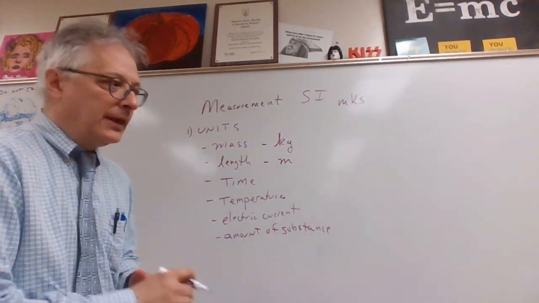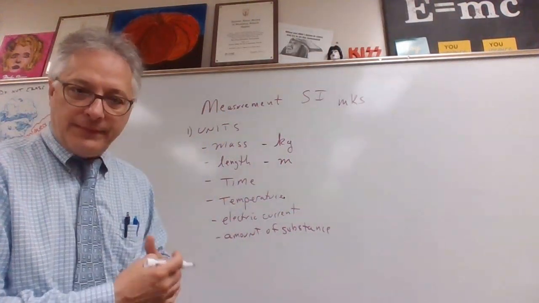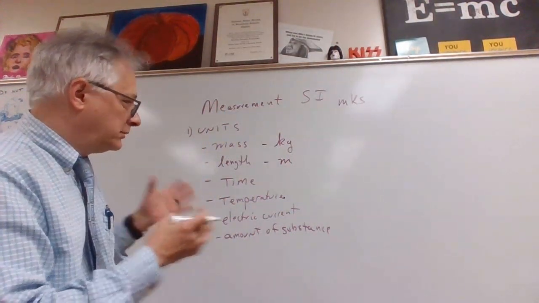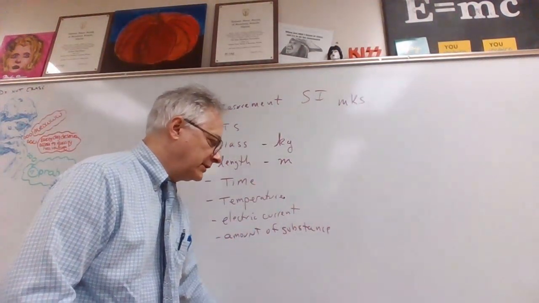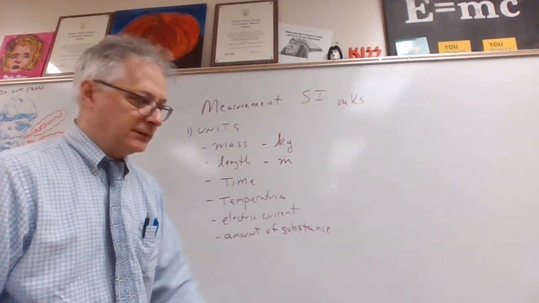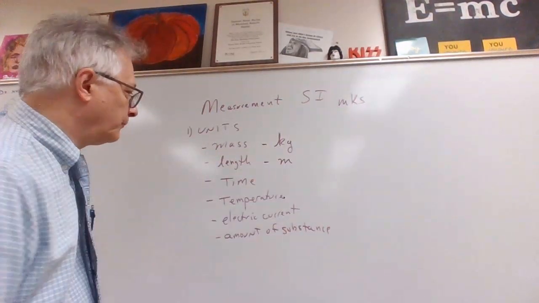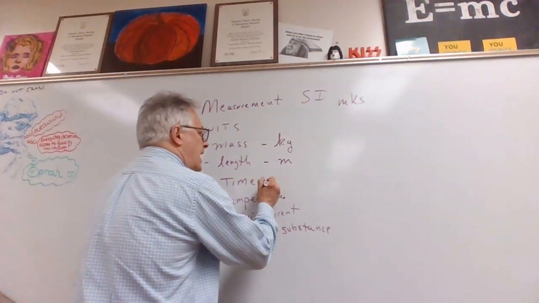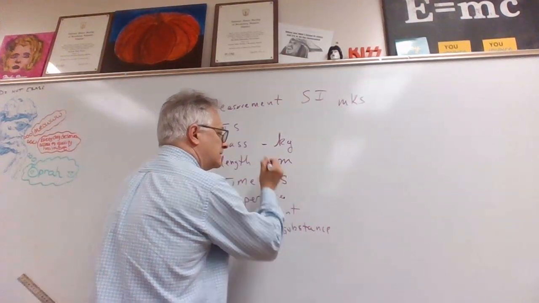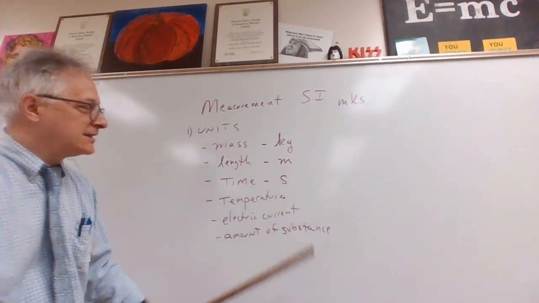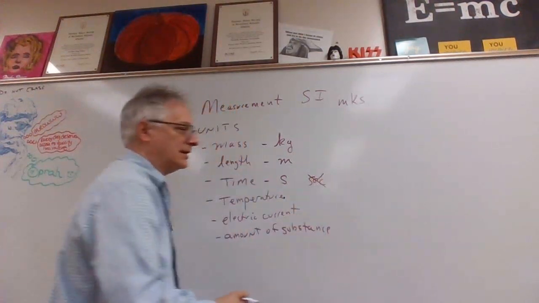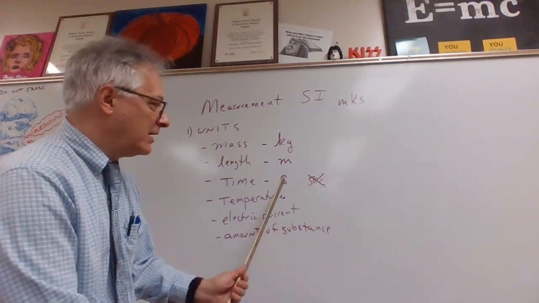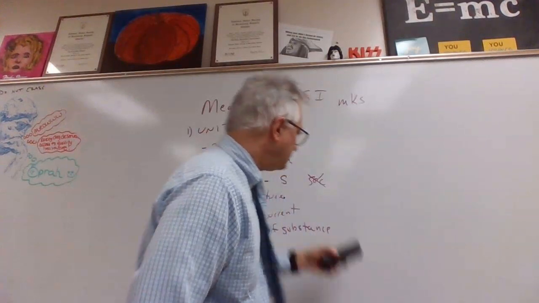The meter is a little bit larger than a yard, so you have a frame of reference. But of course, you've been hopefully using meter sticks since elementary school. Time, we use the second, and the abbreviation is S, not SEC. We don't say second and abbreviate it that way. We just use an S.